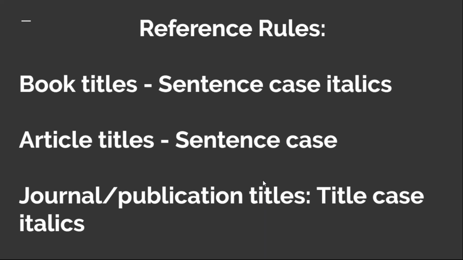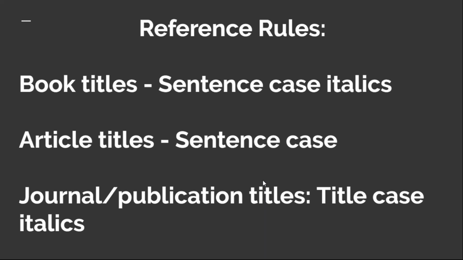But it's not the case on an APA style reference page, at least for books. So that means the first letter of the first word is going to be capitalized. After that, only proper nouns are going to be capitalized. Words that come after a colon will be capitalized.